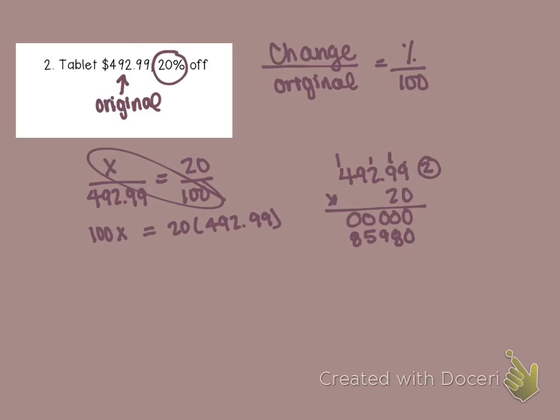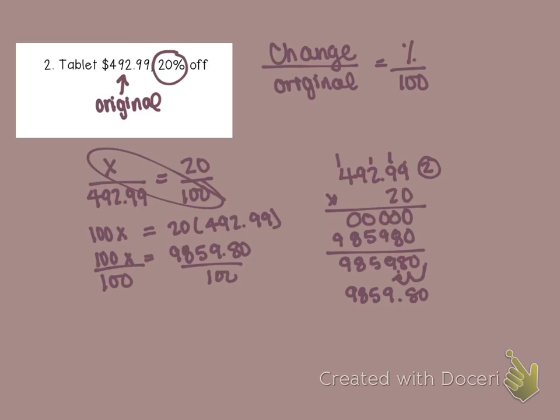And 4 times 2 is 8 plus 1 is 9. So we get 985,980. But then we have to put our decimal back in, so we start at the back and move it over twice. So 100x equals 9859.80. And then your final step would be to isolate the variable, which means to divide by 100.